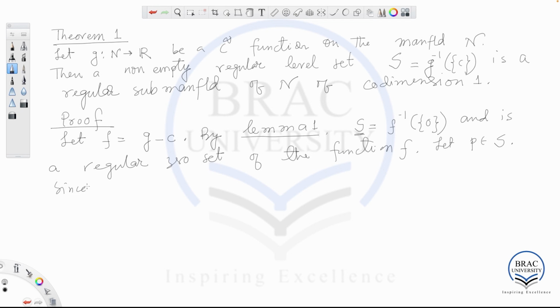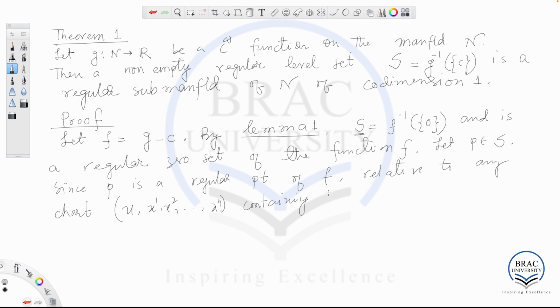Since P is a regular point of F, relative to any chart (U, x1, x2, all the way up to xn) containing P, del F by del xi at P is going to be non-zero for some i.